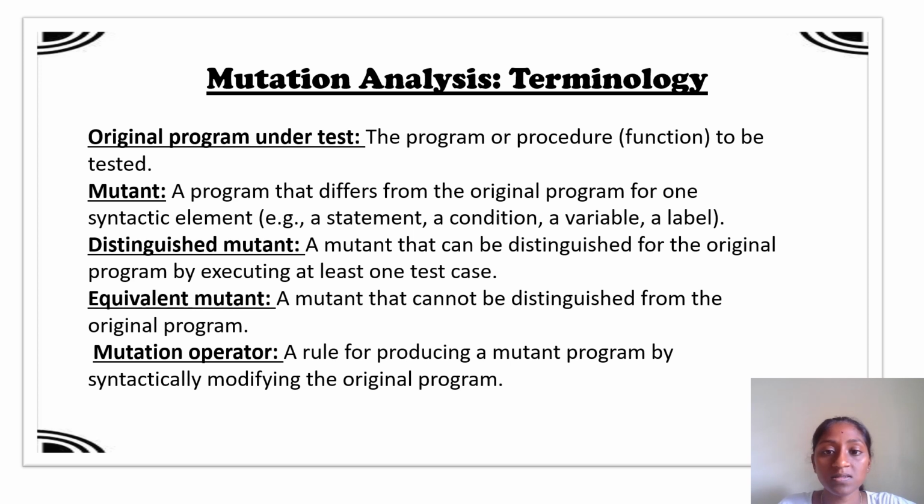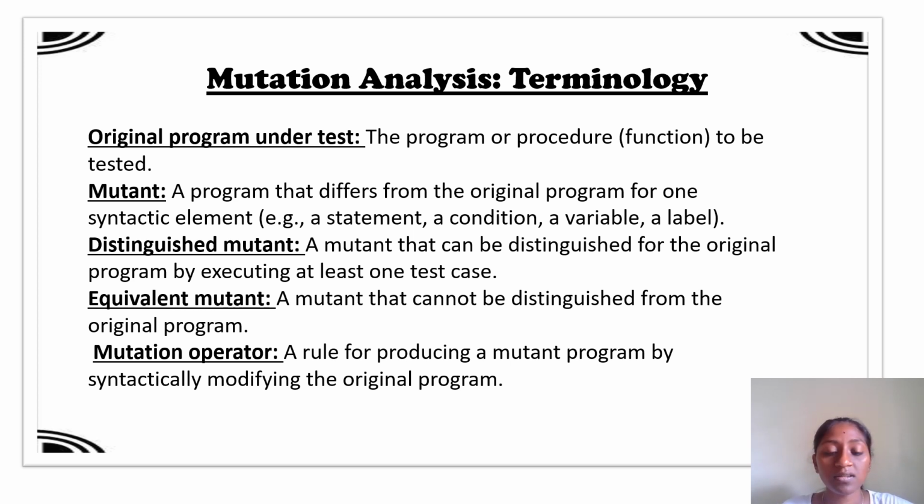Mutation analysis. Here are a few terminologies which are included in mutation analysis. Firstly, the original program under test, which means the program or the procedure to be tested. Mutant, a program that differs from the original program for one syntactic element. For example, it may be a statement, a condition, a variable, or a label.